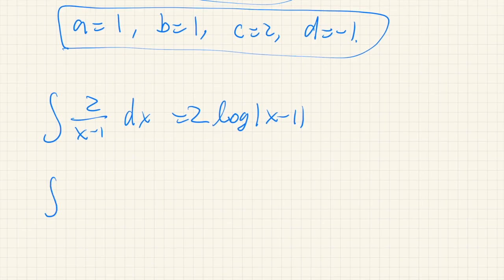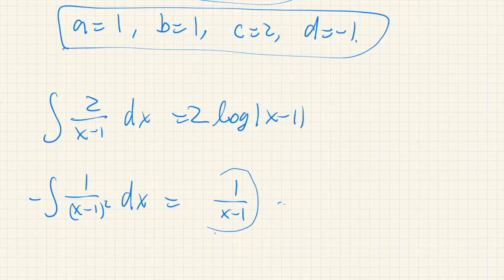If we integrate 1 over x minus 1 squared dx, this should be 1 over x minus 1 with a negative sign, plus a constant. If we differentiate this, we get this times the negative sign, right? So that's it.